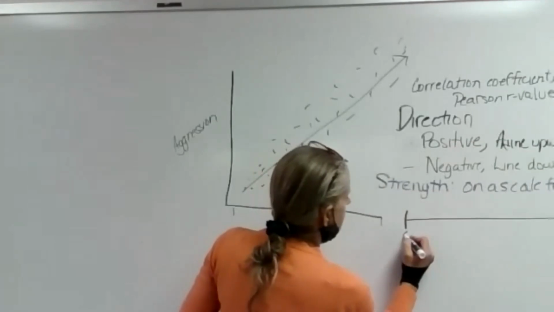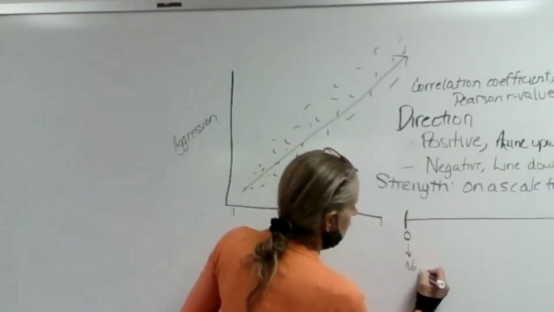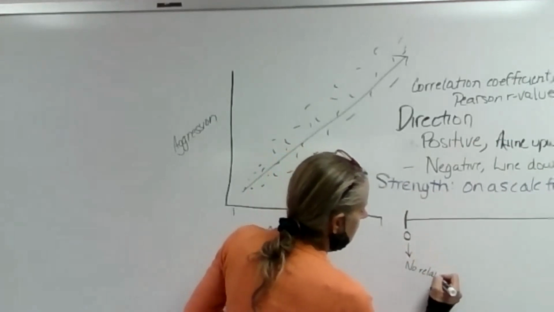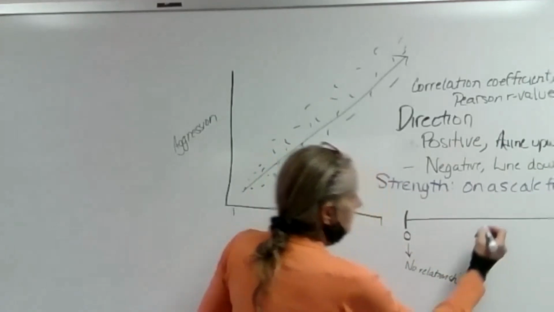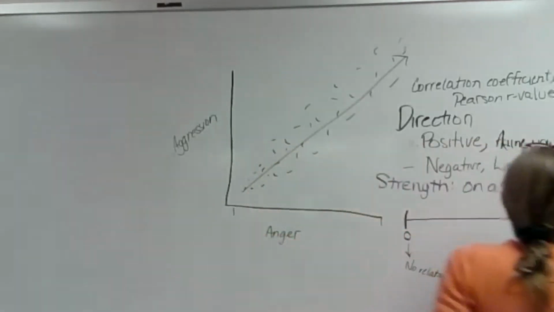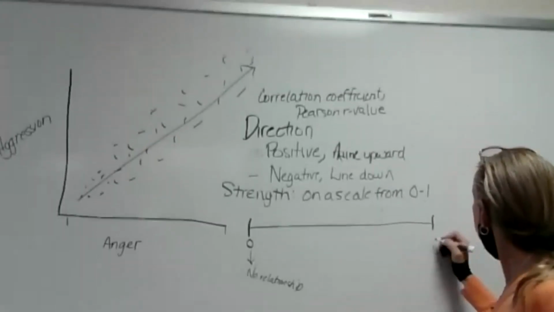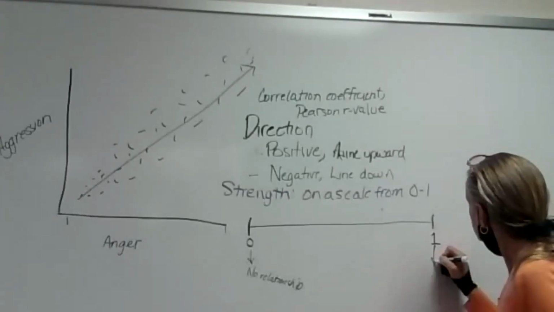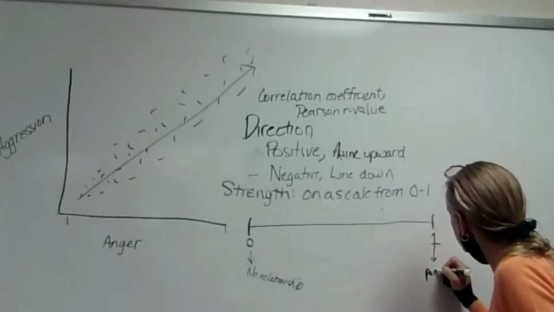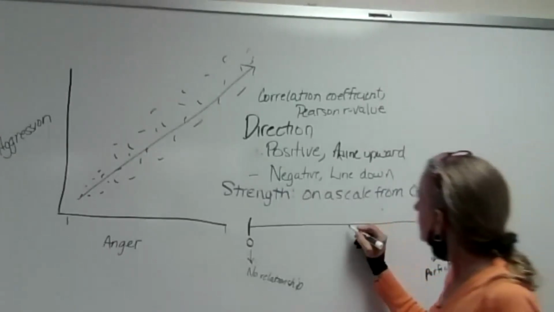It begins at 0, meaning a very, very weak relationship or no relationship. The strongest relationship is 1. And we call this a perfect relationship. We'll look at this in a moment.